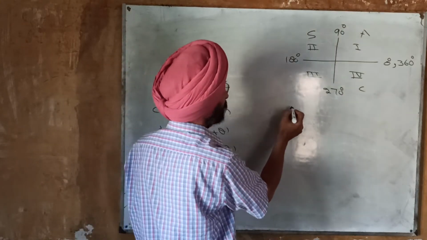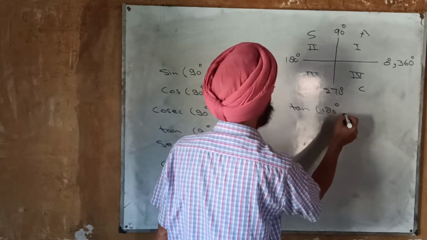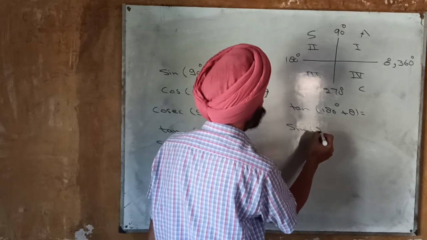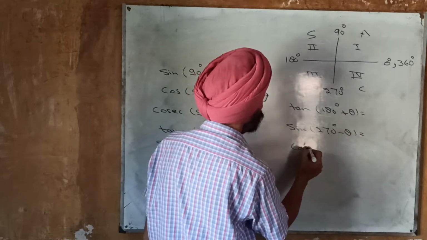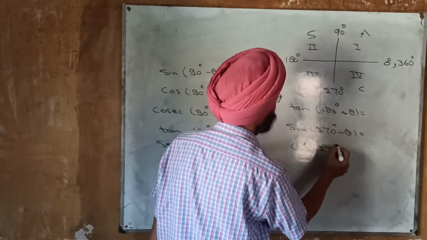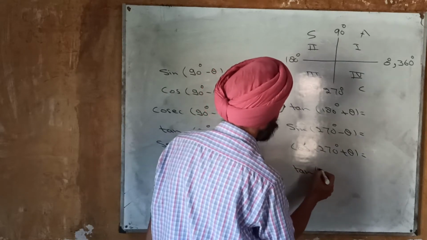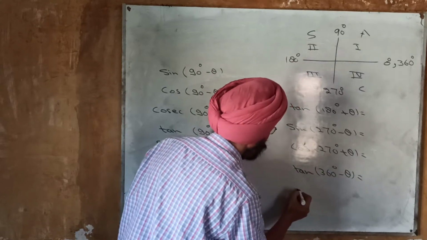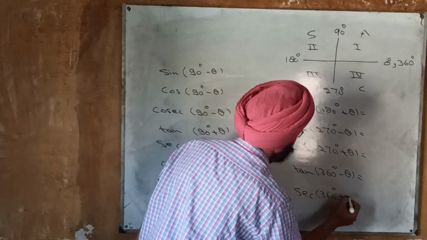Then I am writing tan 180 plus theta, sine 270 minus theta, cos 270 plus theta, tan 360 minus theta, secant 360 plus theta.